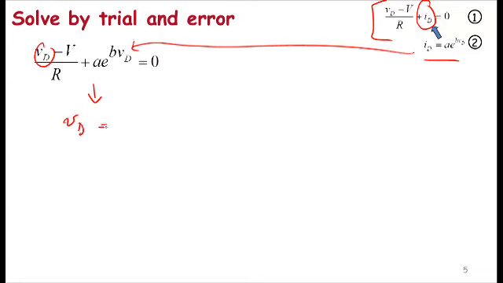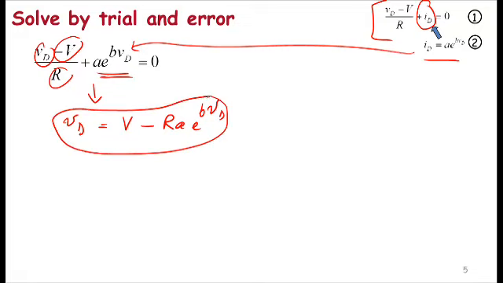VD equals, so I'm going to take V to the right-hand side, so I get V. And then I multiply out by R, and taking this to the right-hand side, I get R A e to the B VD on the right-hand side. Okay, this is what I get. This is the equation that I would like to solve. And notice that any value of VD that satisfies this equation will give you an answer. So let's go ahead and try to do this.